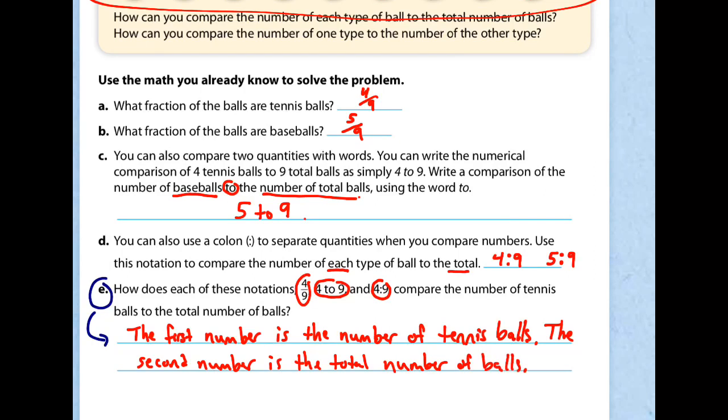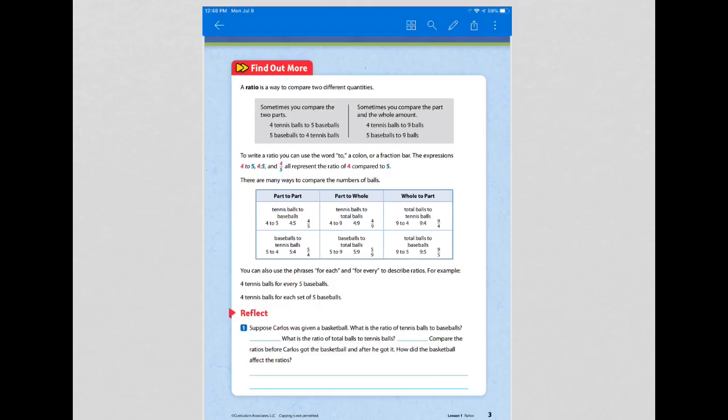What I'll be looking for in your answer is that you said something about the 4 being the number of tennis balls and the 9 being the total balls. Remember, you could take a second to pause it and correct any answers that you may have had wrong. But we are about to go on to the next page, page 3.